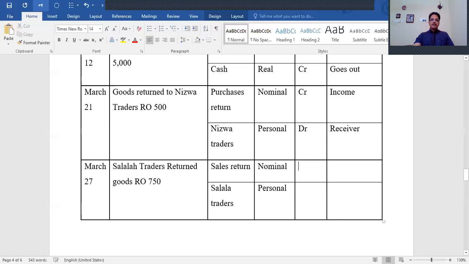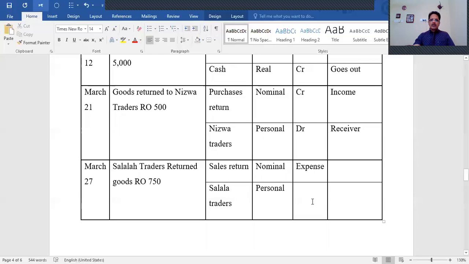Now the nominal account. This is also the same as sales return. What is the rule? Debit all expenses and losses, credit all incomes and gains. But sales is an income. When there is a return, income decreases, and there is no treatment for decrease in this rule. So decrease means you can consider it as an expense.